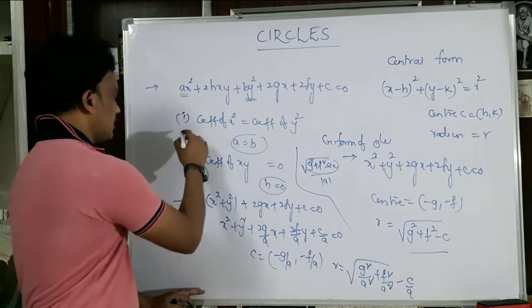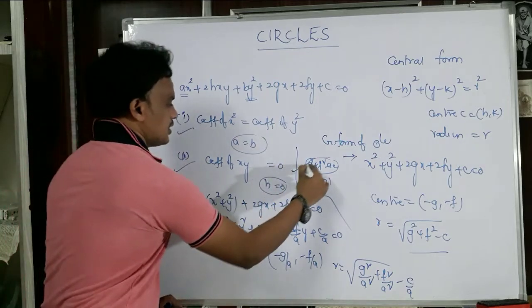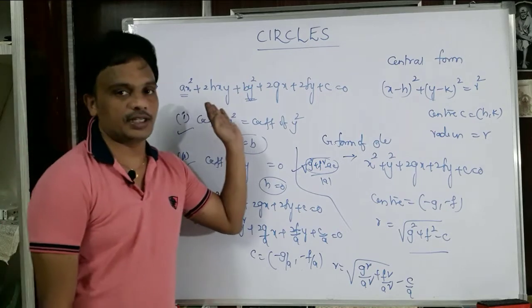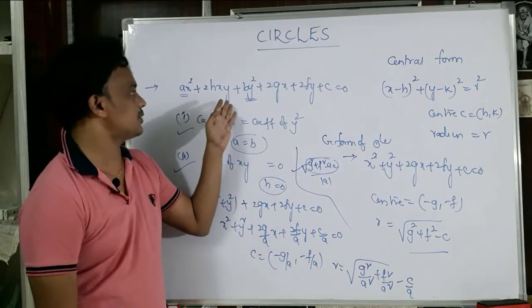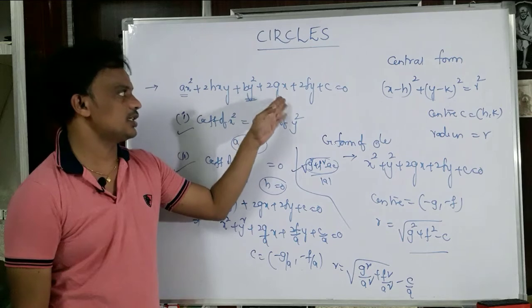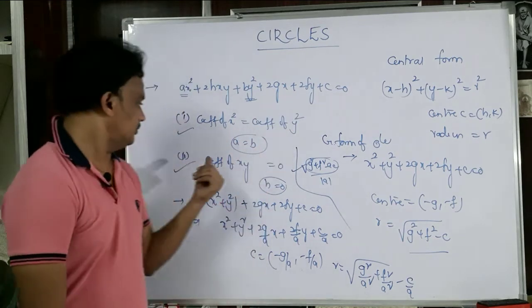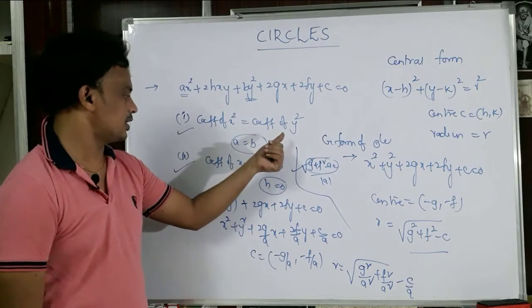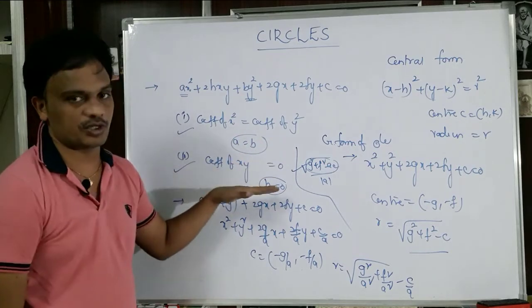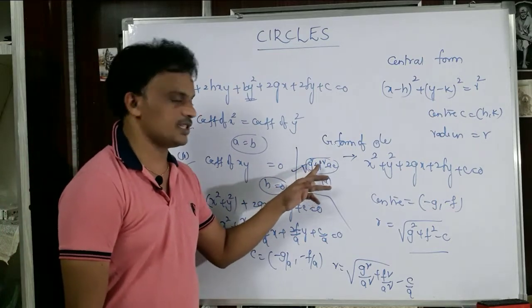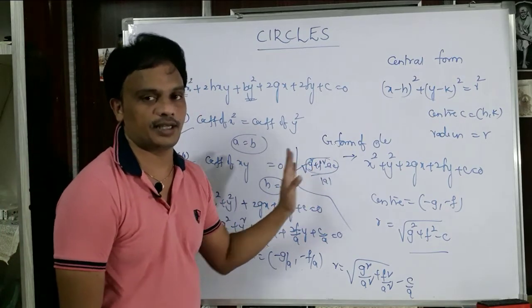So these are all the conditions for the general second degree equation ax square plus 2hxy plus by square plus 2gx plus 2fy plus c equals 0 to represent a circle: coefficient of x square equals coefficient of y square, coefficient of xy equals 0, that is h equals 0, and g square plus f square minus c should be greater than or equal to 0.